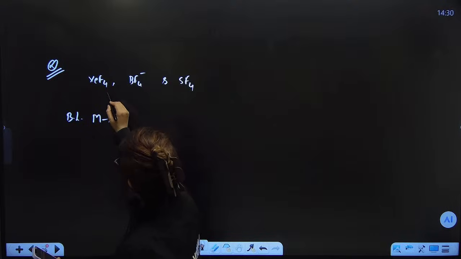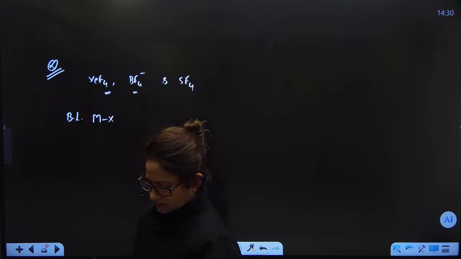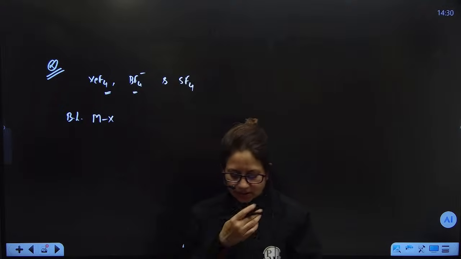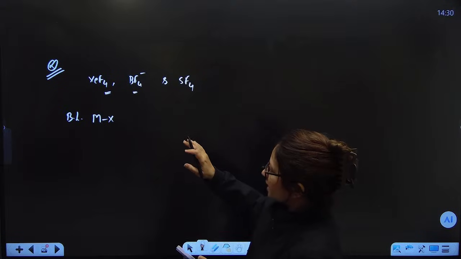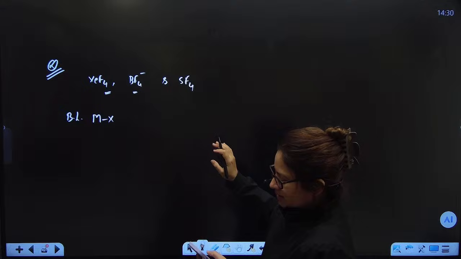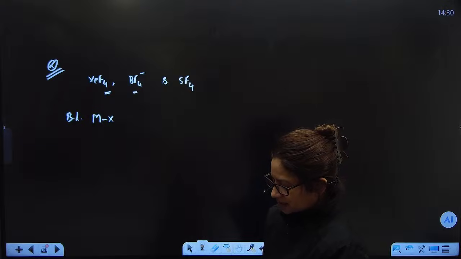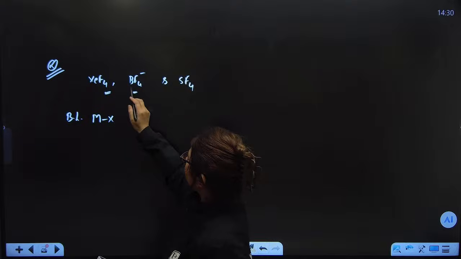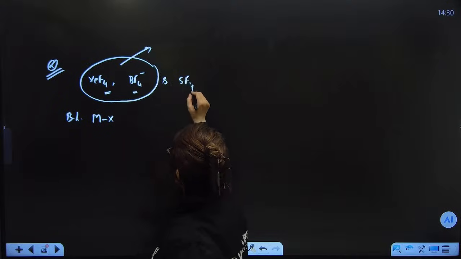In XeF4 and BF4, where M is the central metal. Statement 1 is saying that among XeF4, BF4 minus and SF4, the species having equal M-X bond length are XeF4 and BF4, meaning these two have equal bond length, but SF4 does not.